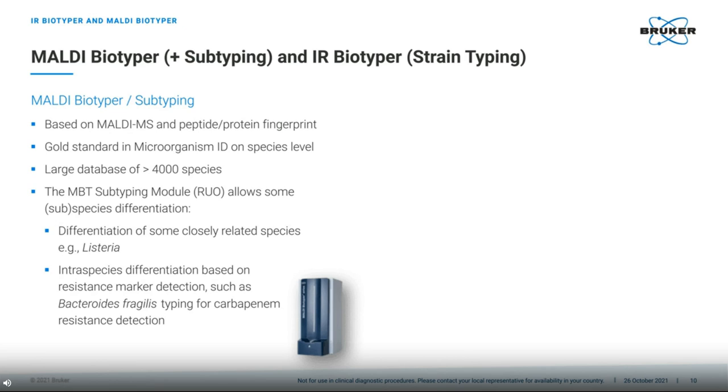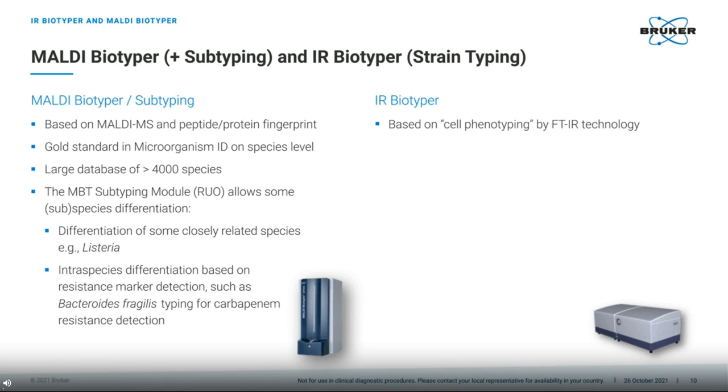What is the IR Biotyper in contrast doing, or in combination? This will come later. It's more based on cell phenotyping. You have intact cells here, and you have the infrared technology, which I described. This is a strain typing method, so this allows differentiation more at the isolate level when the identification of the species is already known.